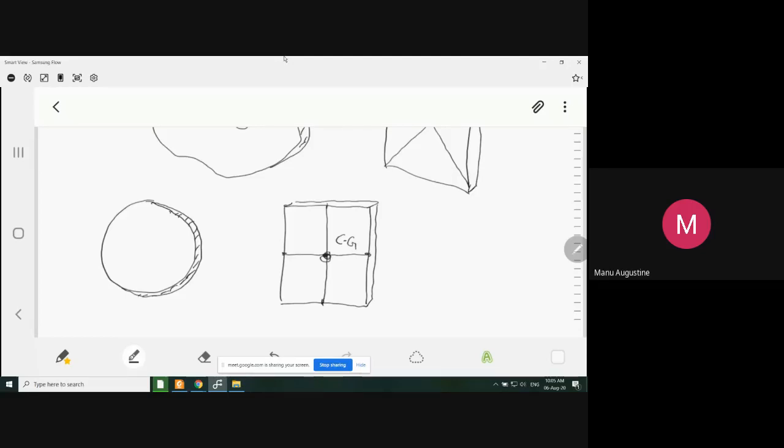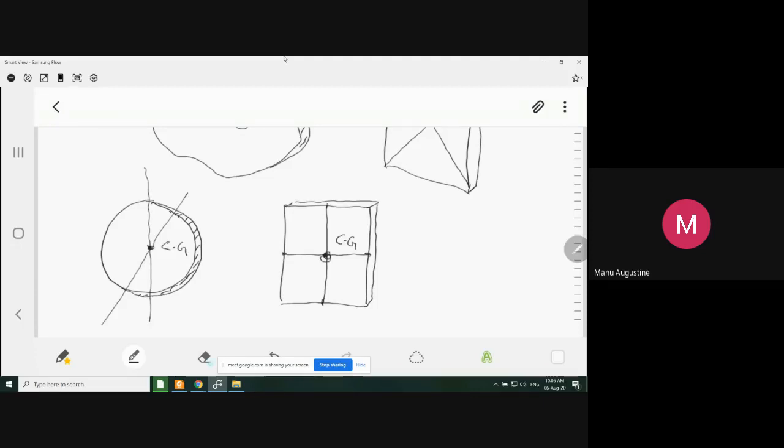Nobody would have any difficulty in saying that the center of gravity is at the center of the circle. And how do you draw the center of the circle, or how do you identify the center of the circle? Connect any two diameters, and the meeting point of any two diameters would be the center. Okay, and there would lie your center of gravity CG.